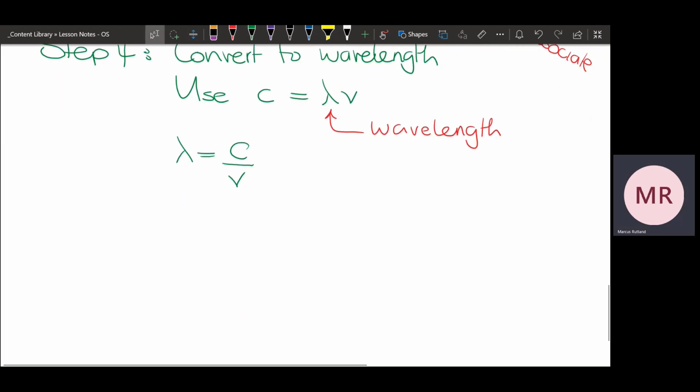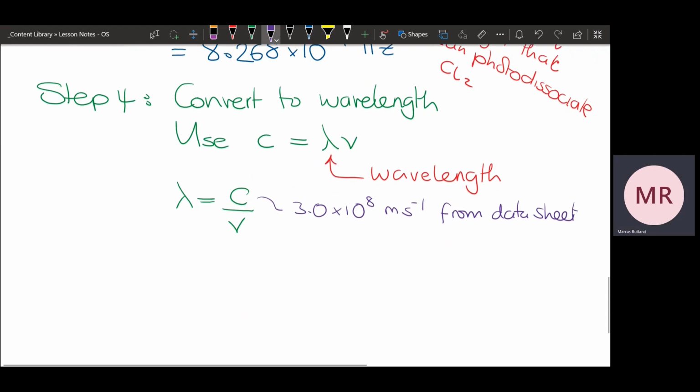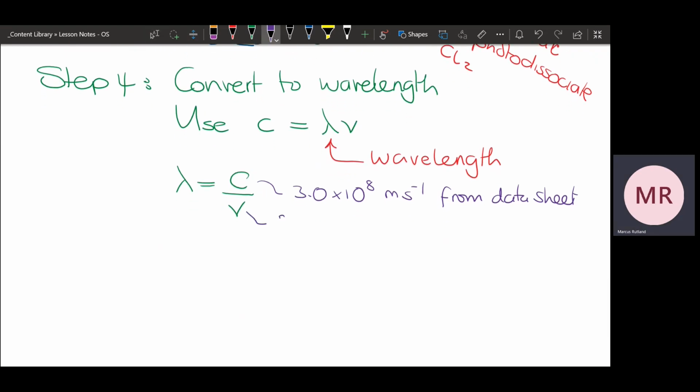So now we can plug our number in. Remember that c is the speed of light, and that's just a constant on the data sheet. So that's 3.0 times 10 to the 8 meters per second from the data sheet. And we've just calculated the frequency, so this is from the calculation above.